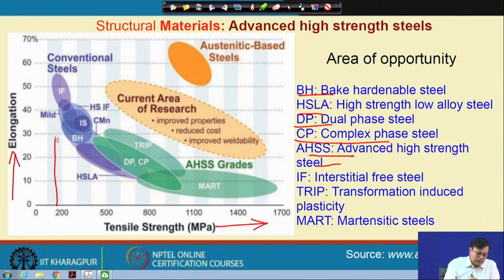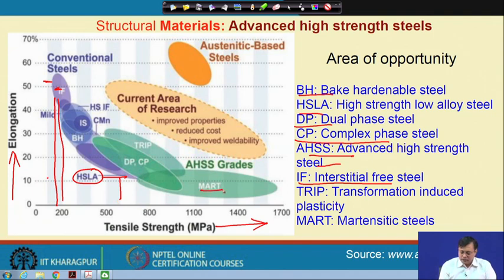One can see the conventional steel has a strength level of 200, where one can get something like 50% elongation, whereas interstitial free steels give you very high ductility and very poor strength, and HSLA steels lie here, which has something like 10% and 500 megapascal strength.